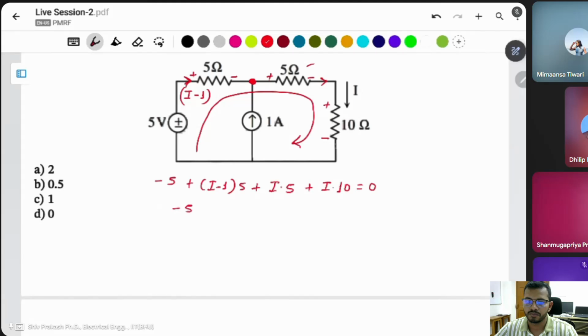So minus 5 plus 5I, this one: minus 5 plus 5I plus 10I equal to 0.